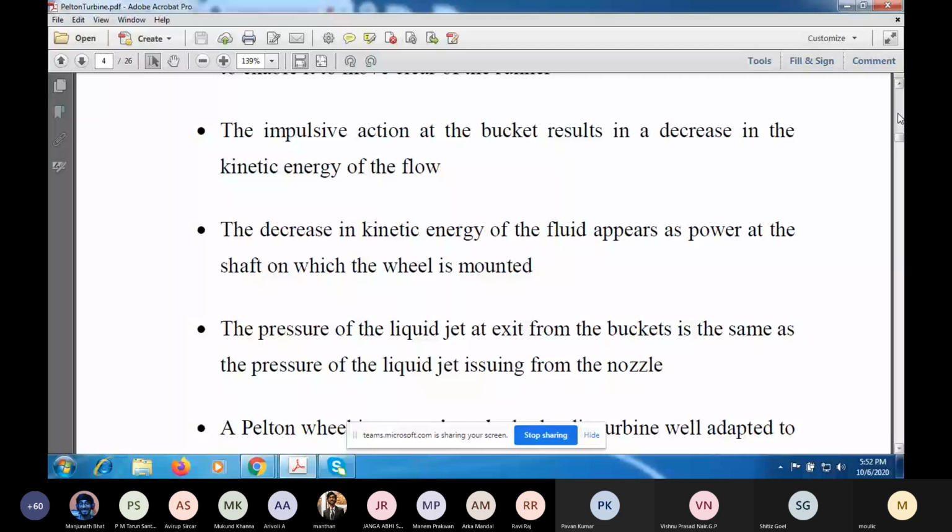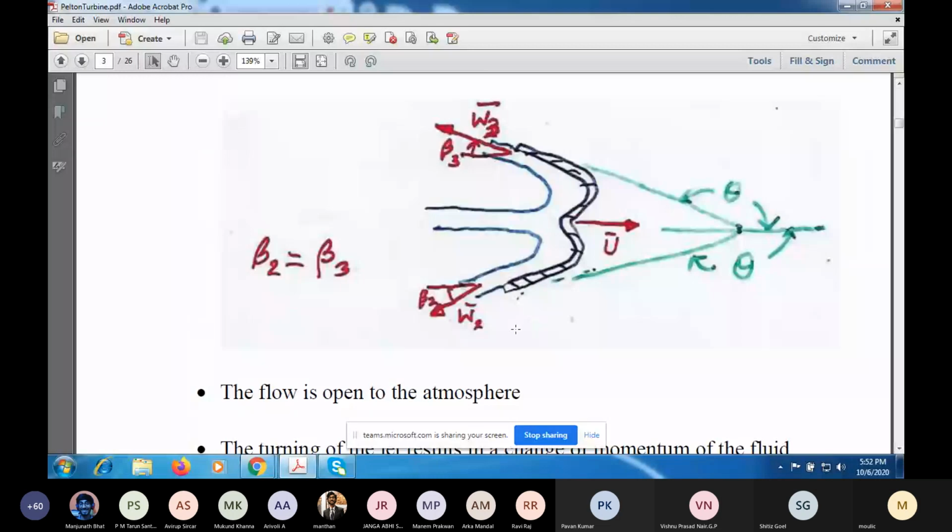You see that if beta is 0, then theta will be 180. So that means the liquid jet which will strike it horizontally will move from left to right here. If beta is 0, then it will go back horizontally from right to left. That will theoretically give you the maximum power.